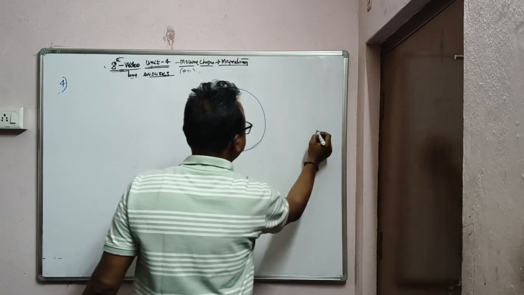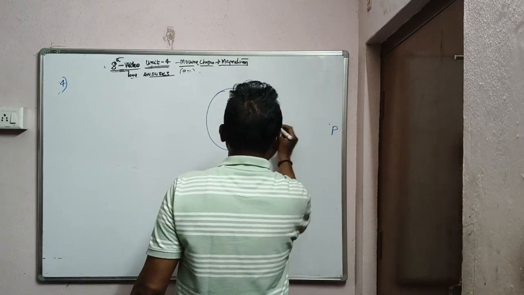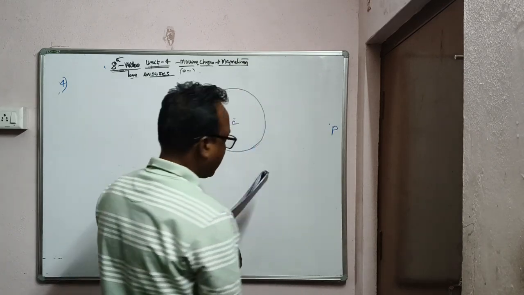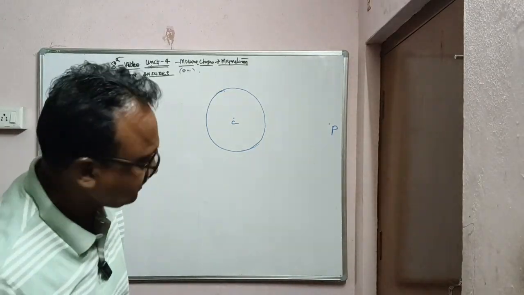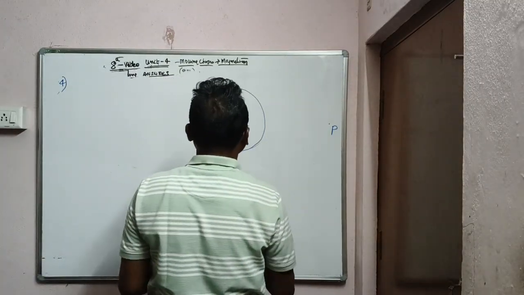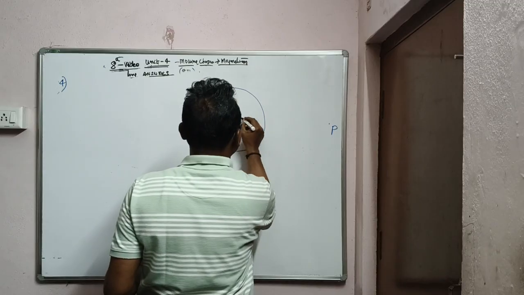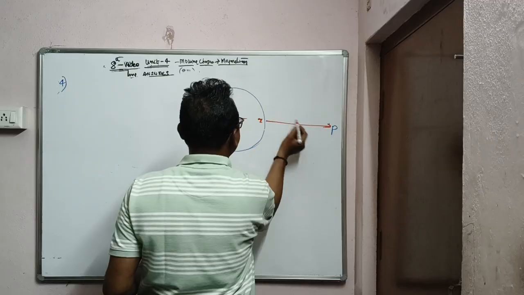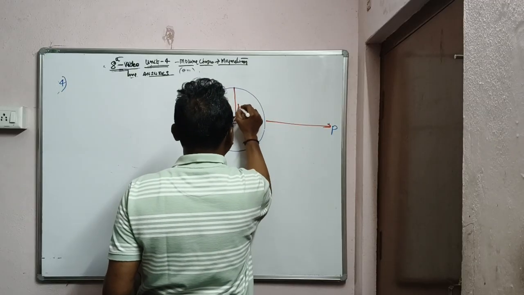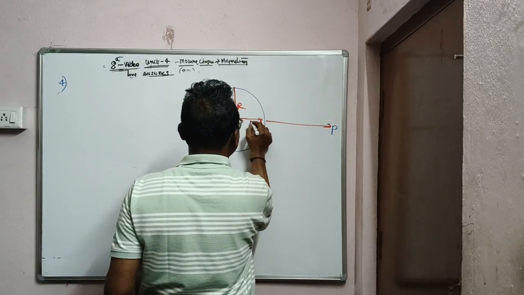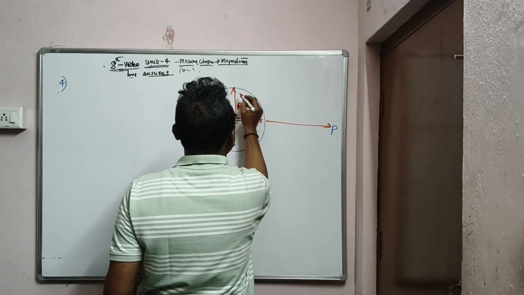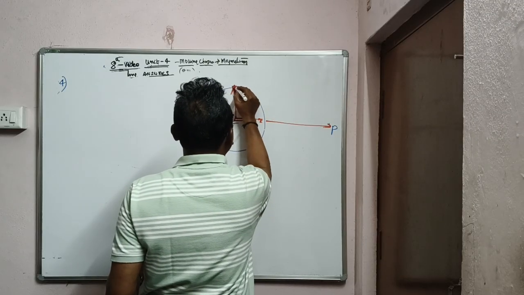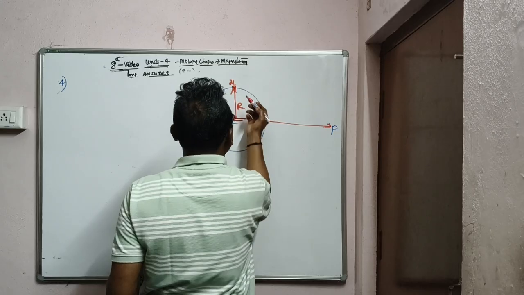This is the center. Point P. This one I draw with red pen. Okay? Let this distance be x in space and let this radius be capital R. Let some length dl be taken.